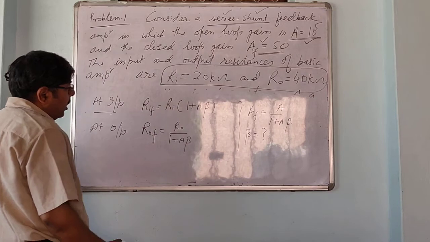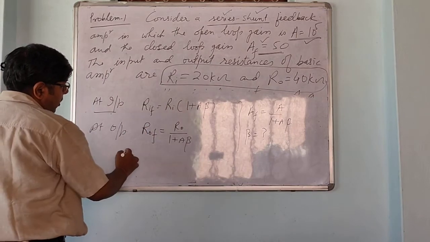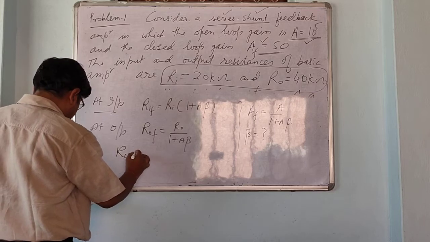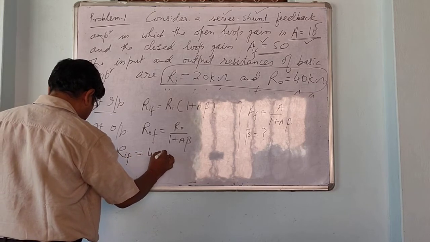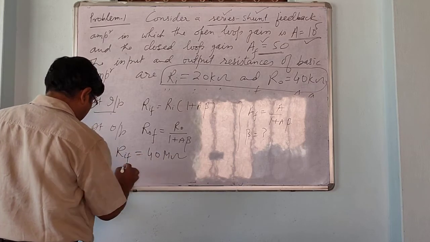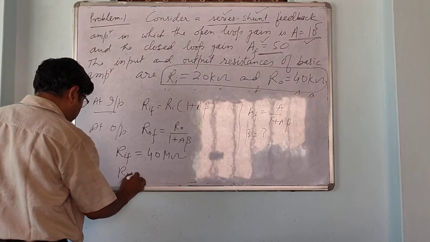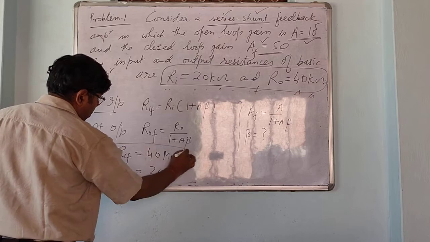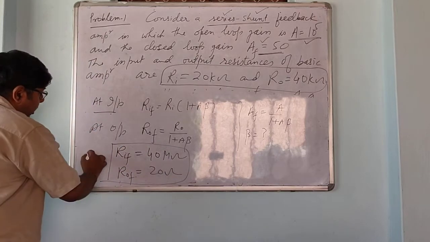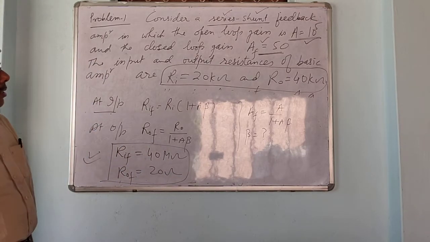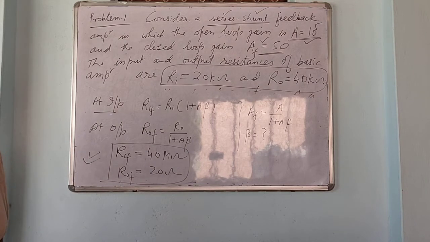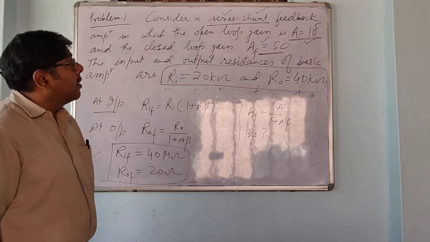Then easily you can calculate these two values. You will get input resistance with feedback as 40 mega ohm and output resistance is 20. So after calculation you will get this, you can check. So this is the method to find out input and output resistances.